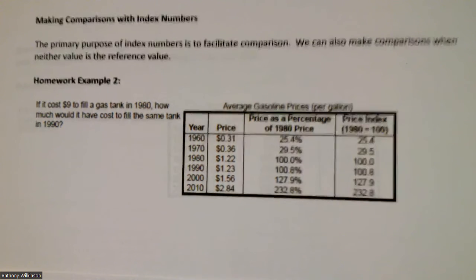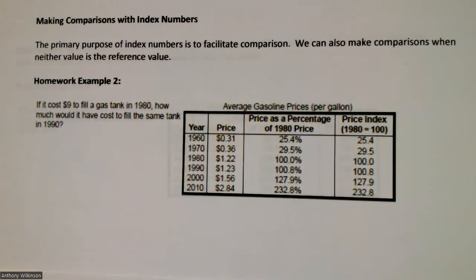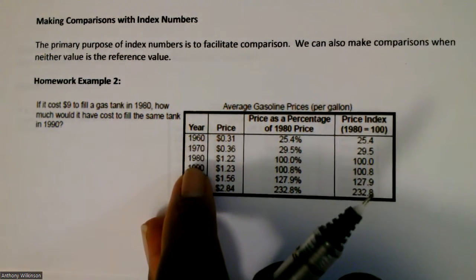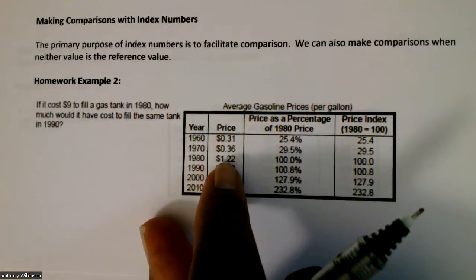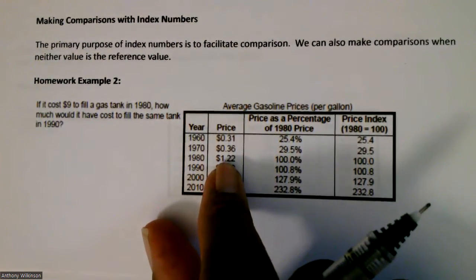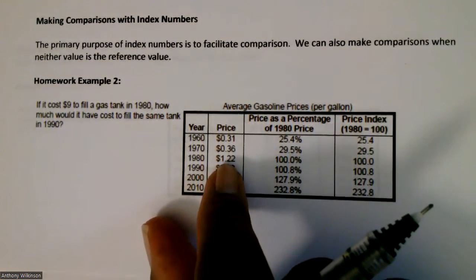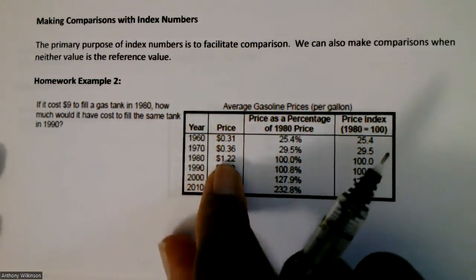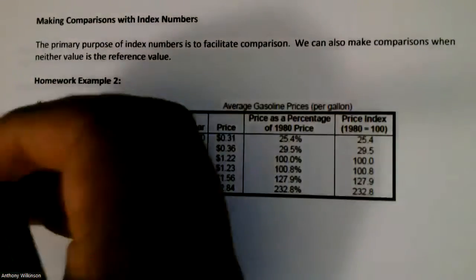Okay, now let's look at the cost of gas in 1980. Using this table here, in 1980 the cost was $1.22 per gallon. And we have $9 to fill a gas tank in 1980.